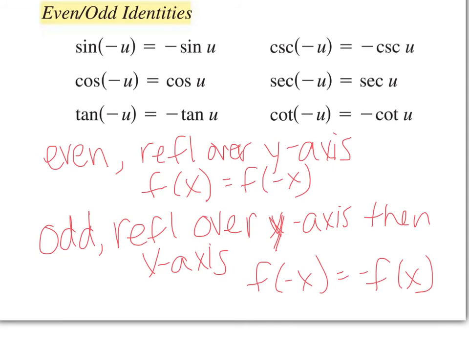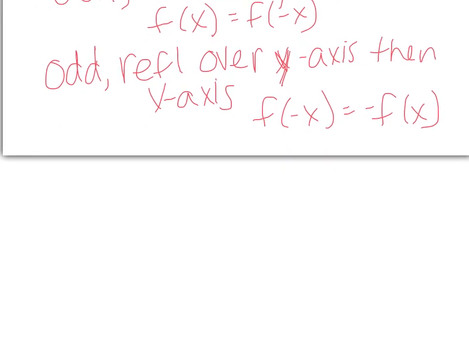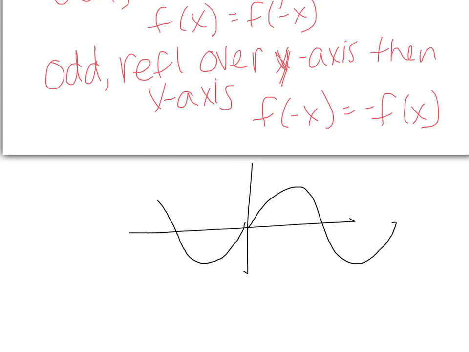So let's look at sine. Here's a picture of my sine graph. If I continue it over here. Okay, first of all, is it even? Is it reflected over the y-axis? No. Is it odd? Is it reflected over the y and then the x?